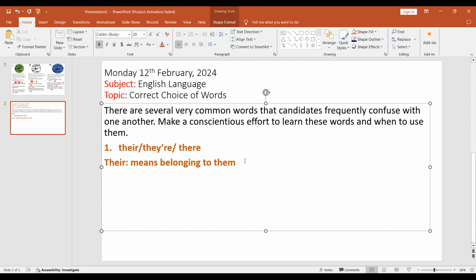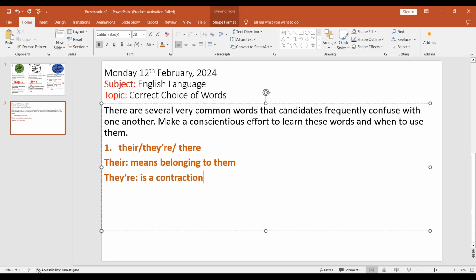Now the other one, they're. What is this? It's a contraction, like you're talking about people.